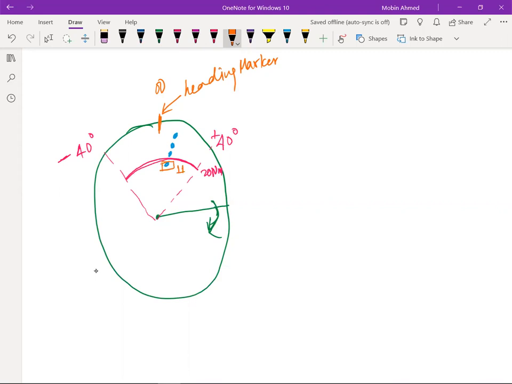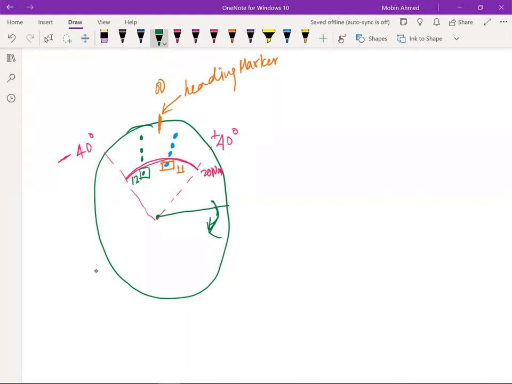Now there is another target coming from here, and as soon as it comes, it is also assigned a number, suppose number 12. Target number 11, target number 12. So within the sector and range I have selected, any target that enters is going to be tracked automatically.